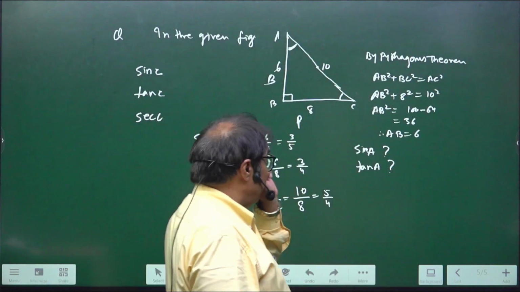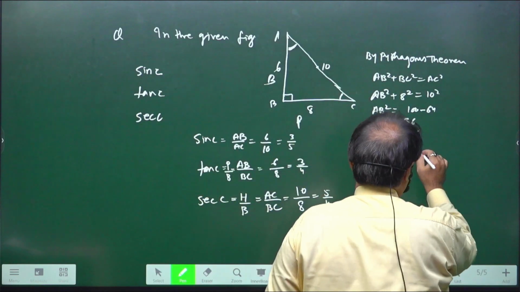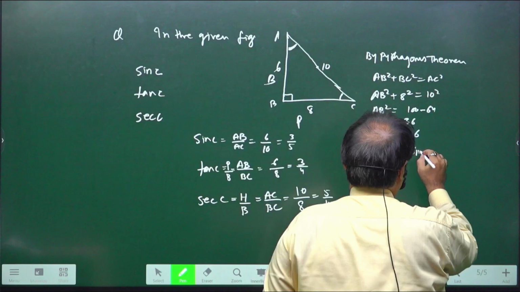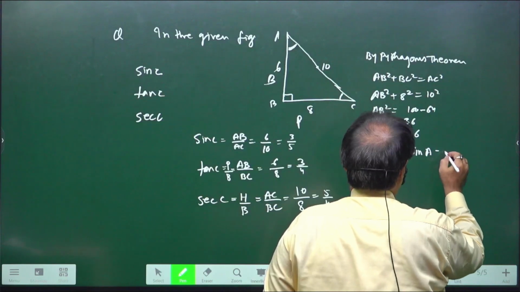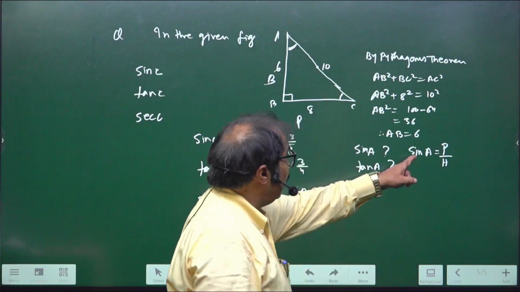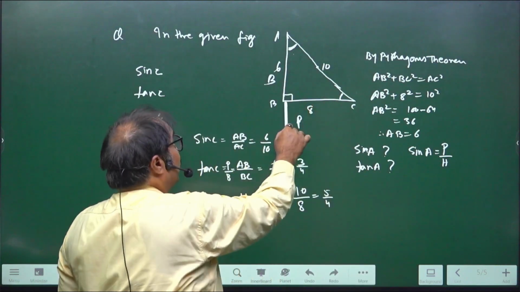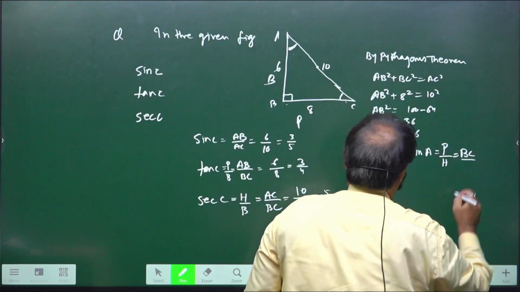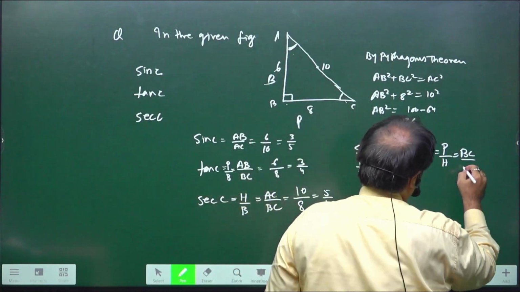So sine A is the ratio of perpendicular upon hypotenuse, and as per angle A our perpendicular will be BC, and hypotenuse will be AC.